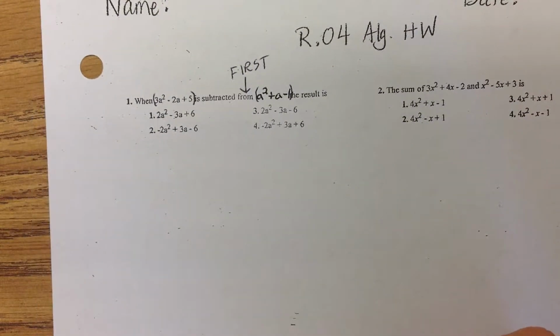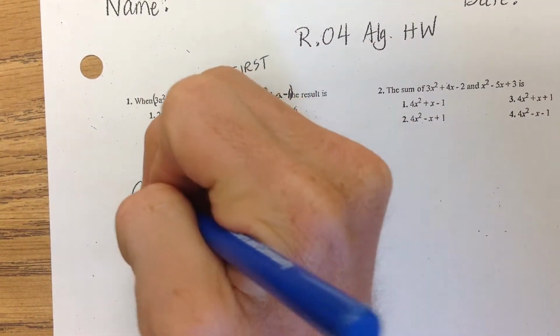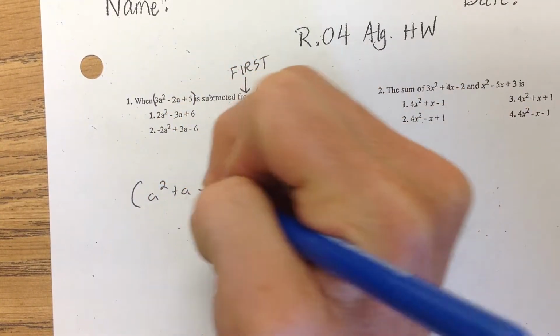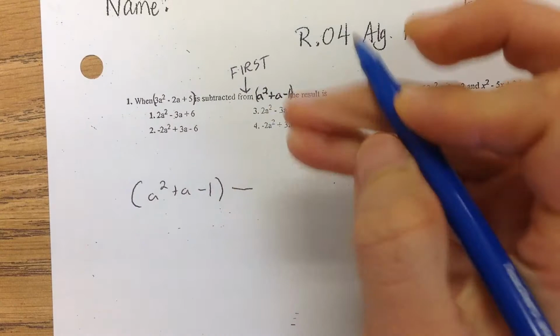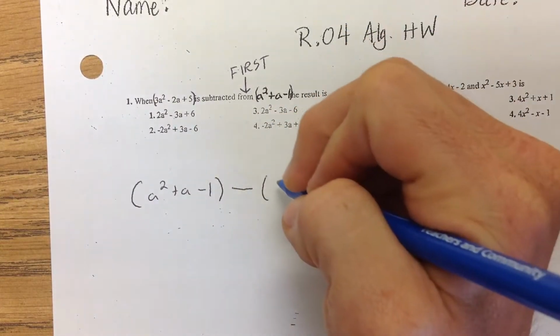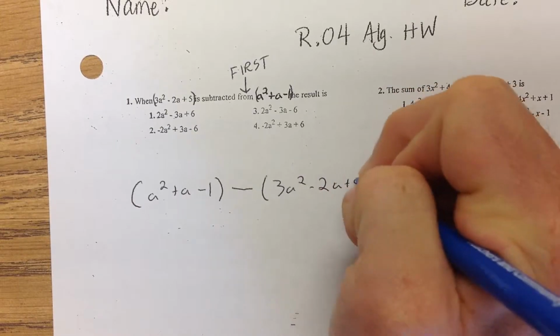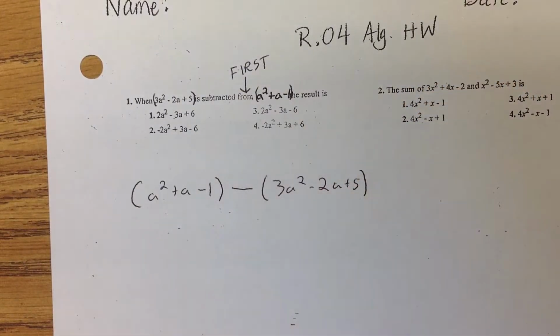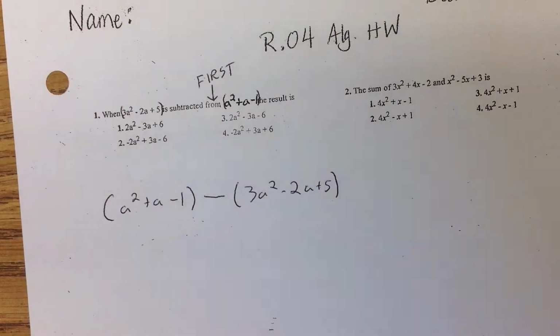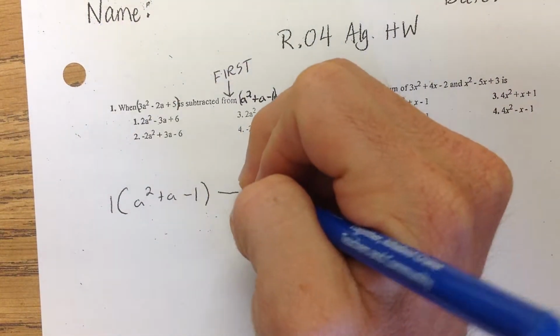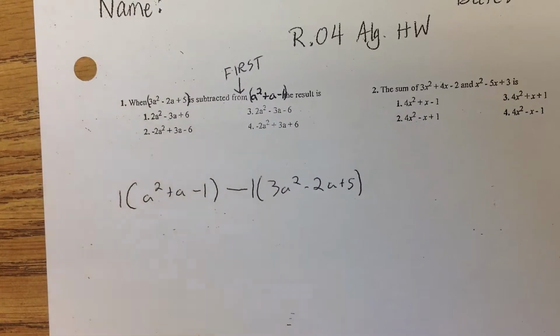So when we write it down below, it's going to be parentheses a squared plus a minus 1 subtracted by 3a squared minus 2a plus 5, and that's all inside of parentheses. Now, to actually do the problem, what we have to remember is that this one has a positive 1 in front, and this one has a negative 1 in front.